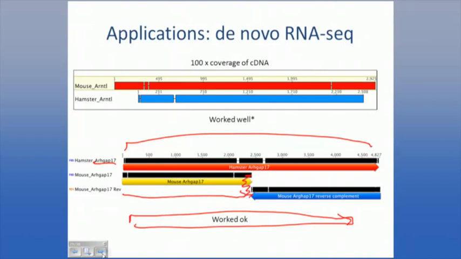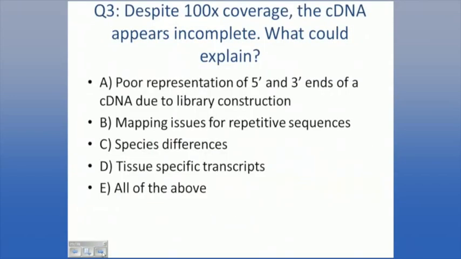So while the hamster form should go like this and like this, it doesn't actually go that direction. So it's gotten mixed up. And this could be because the sequences here are repetitive, and it's just simply found two matching sequences, or for just strange reasons. So despite the 100x coverage, the cDNA appears incomplete for ARNTL or BMAL1.